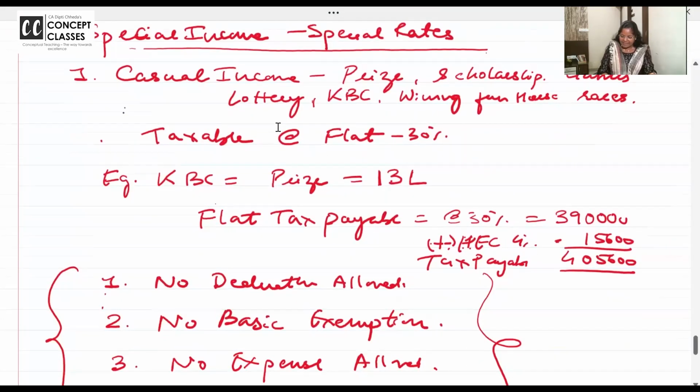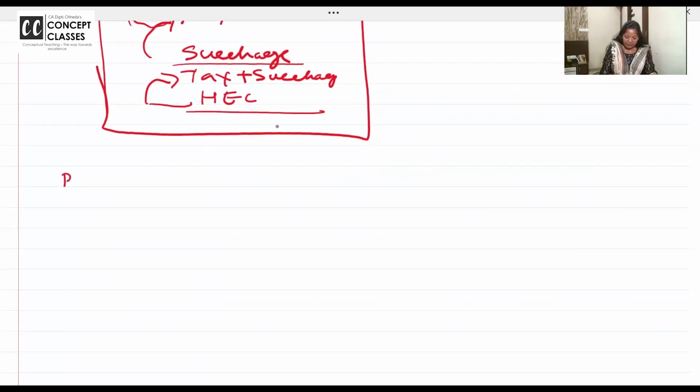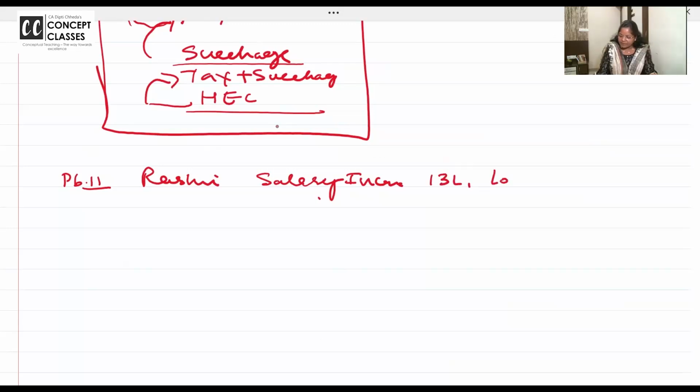Till problem number 10 it is done, no? Write down. Problem number 11. Rashmi is having salary income of $13 lakhs.